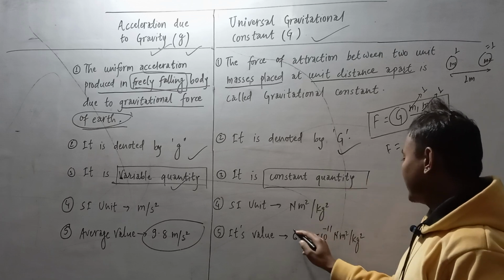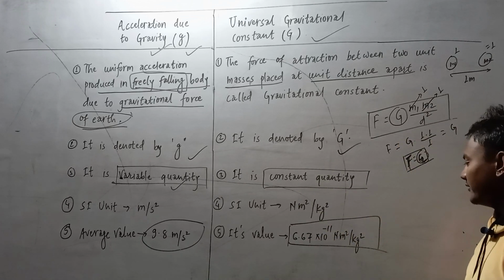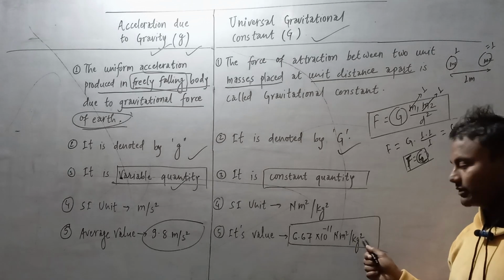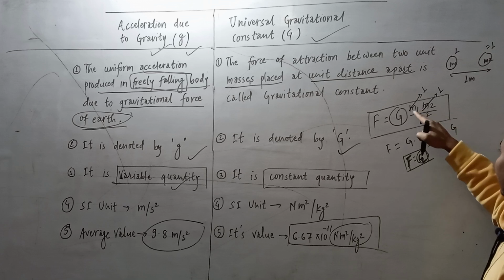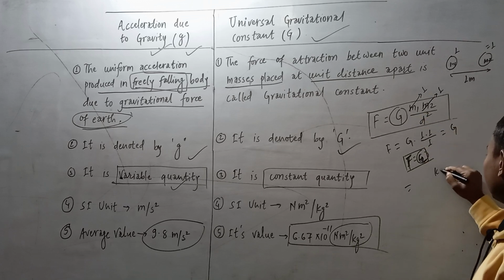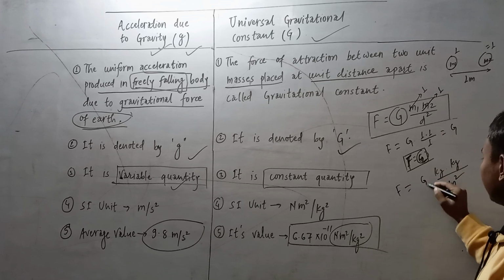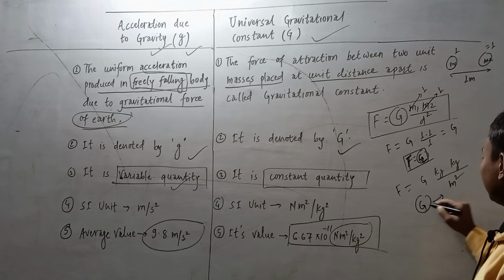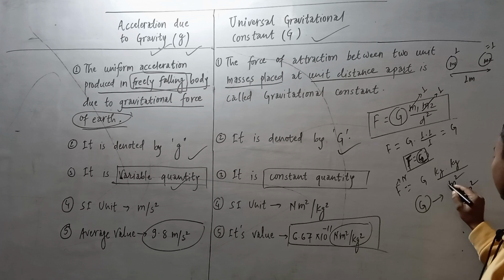Its value is 6.67 into 10 to the power minus 11 Newton meter square per kg square. How does this unit come about? If you put m1 in its SI unit, kg, and m2 also in kg, and the distance in meter, so meter square, then calculating the value of G from F gives Newton meter square per kg square.